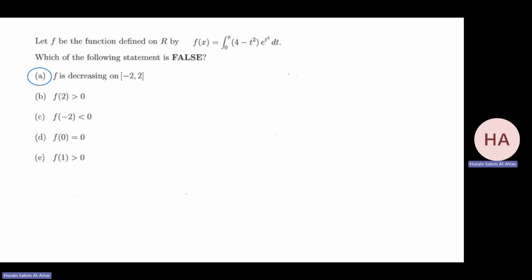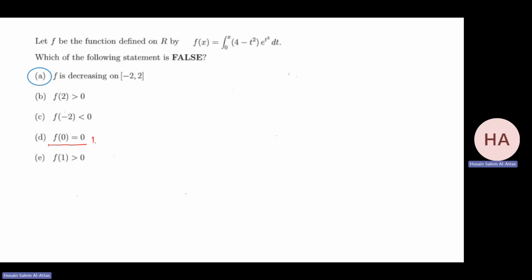Let it be the function dividing this by this, where the statement is false. To check the statement when it's false. Okay. Let me do it backward. So I know f of 0 equals 0.